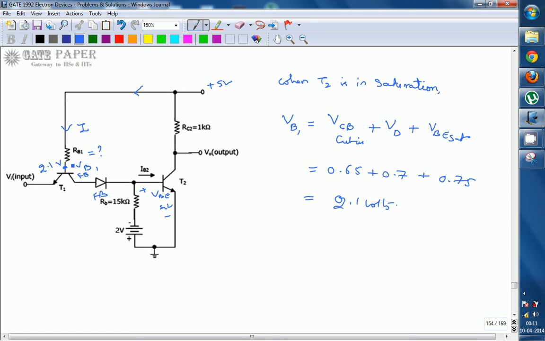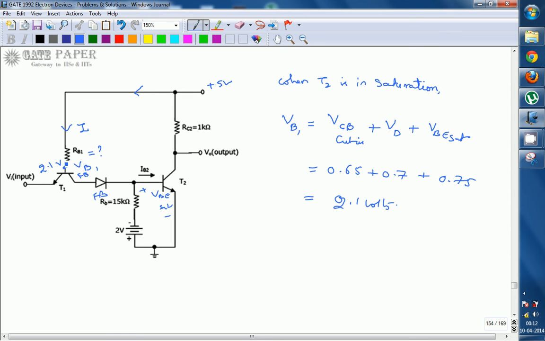So here you must get a minimum of 2.1 volts. If you choose RB1 very large, the voltage drop across it is going to be large, such that the voltage VB1 may be reduced below 2.1, so that whenever it happens in that way, T2 will not be in saturation.